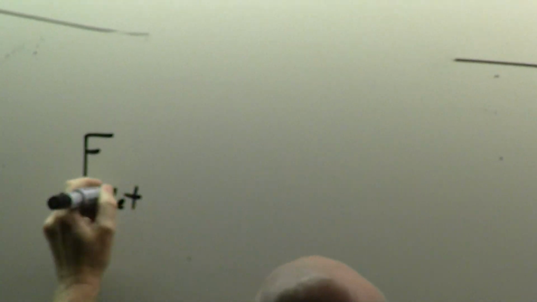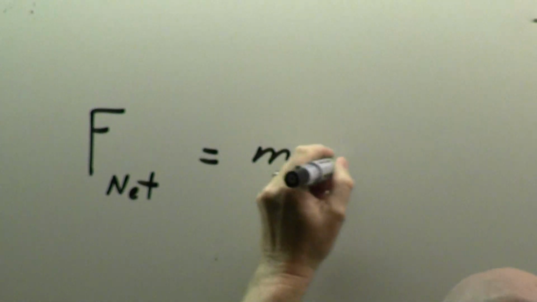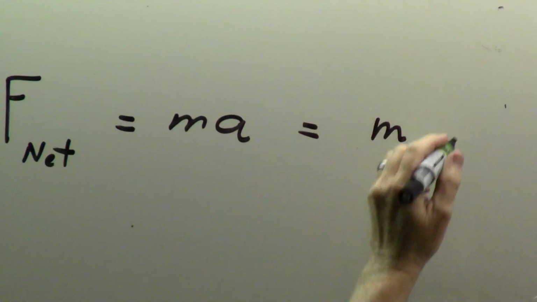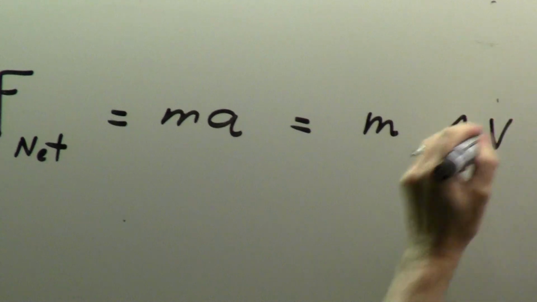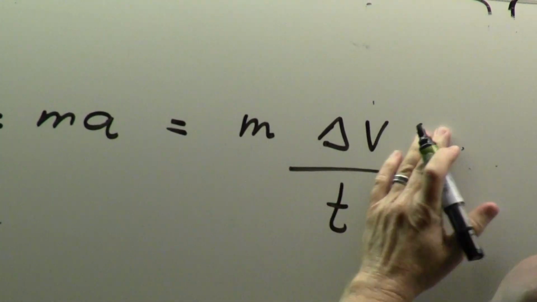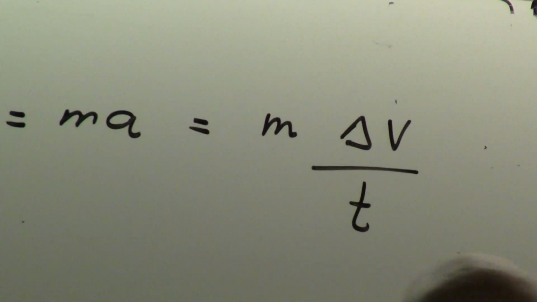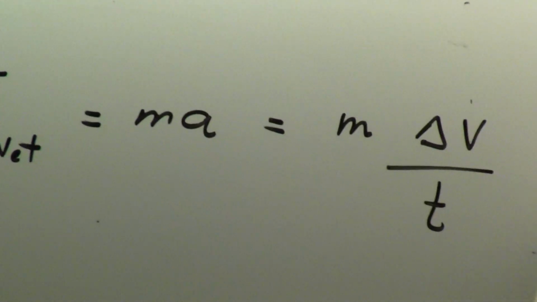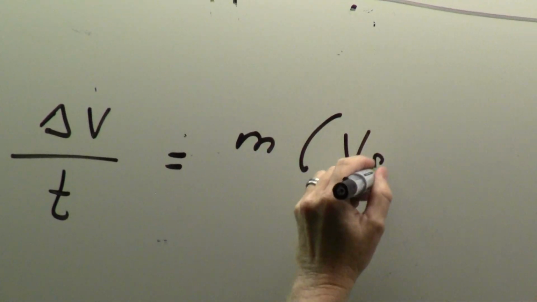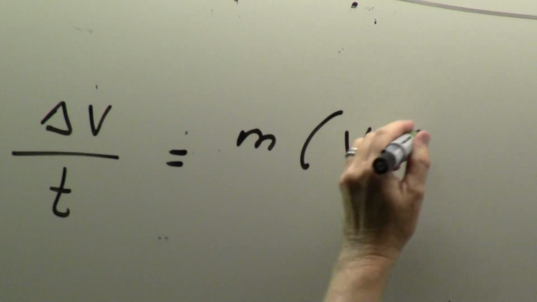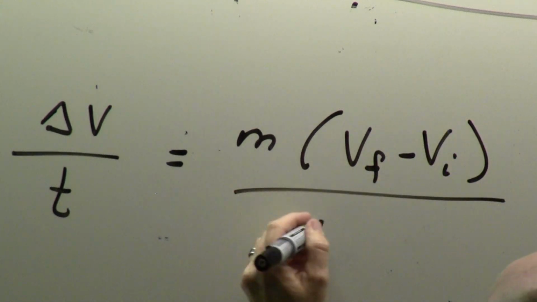Watch this. The net force is equal to mass times acceleration. And acceleration then is the change in velocity divided by time taken. And change in velocity is often written as final velocity minus initial velocity over time taken.